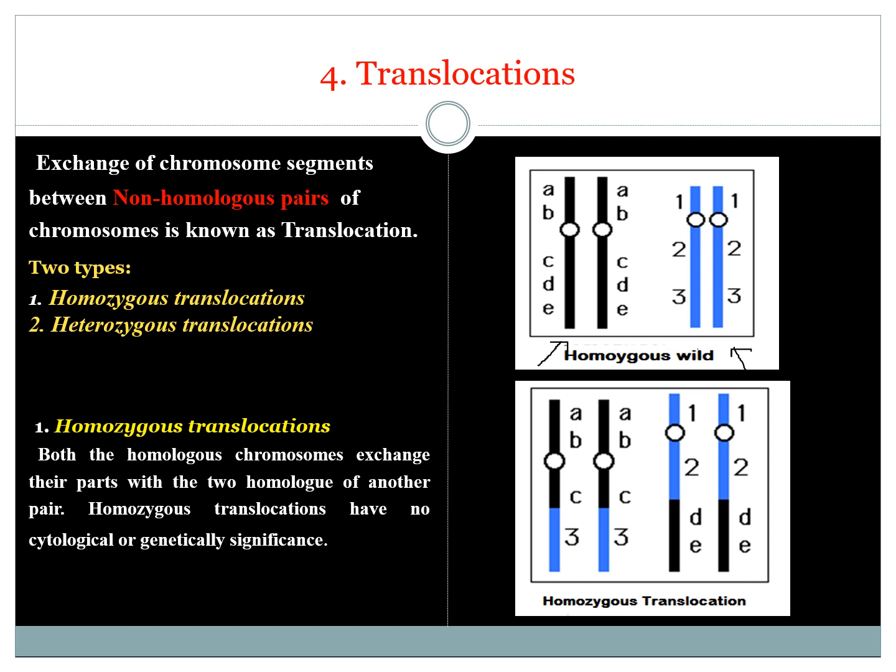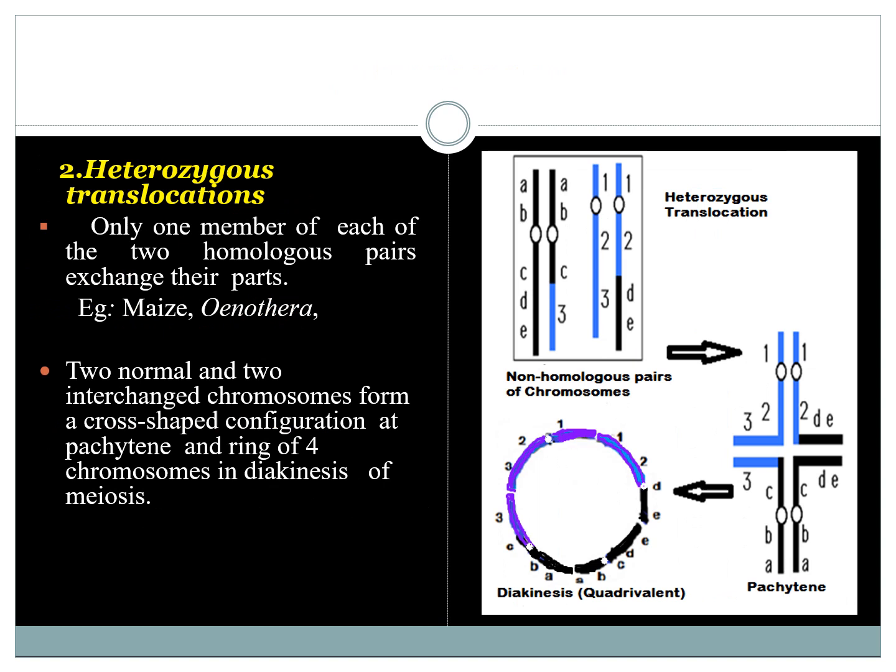These translocations have no genetic significance because they simply exchange their segments. In heterozygous reciprocal translocations, only one member of each of the two homologous pairs exchanges its parts. Means only one from each pair is involved in the exchange of chromosome segments.